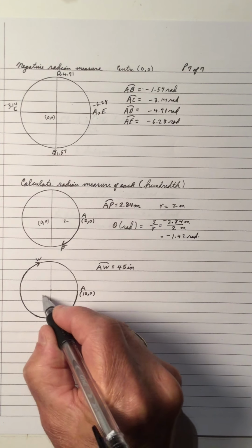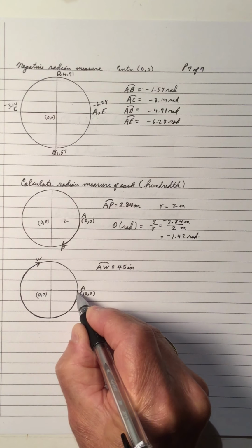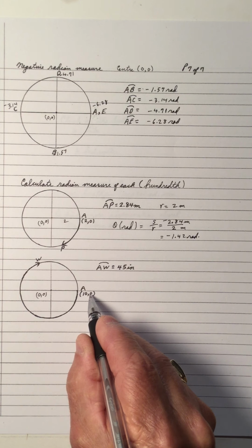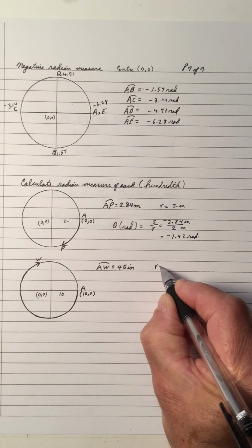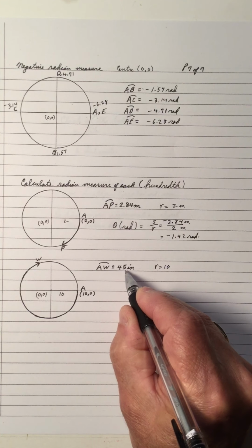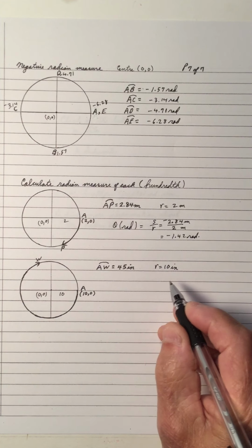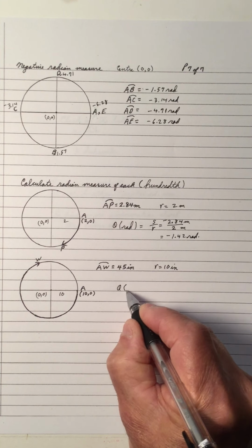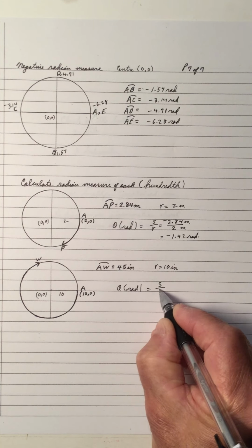And on this circle, again, the center of the circle is understood to be 0, 0. And so this is 10, 0. So the radius of this circle is 10. And notice the arc is in inches, so let's say the radius is in inches. And so the radian measure is the arc length divided by the radius.